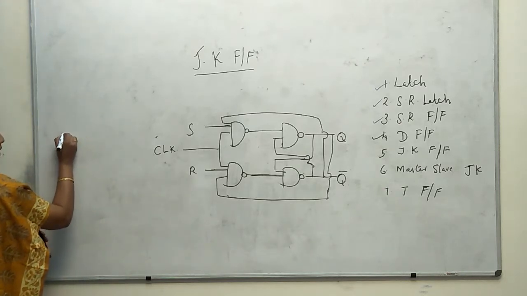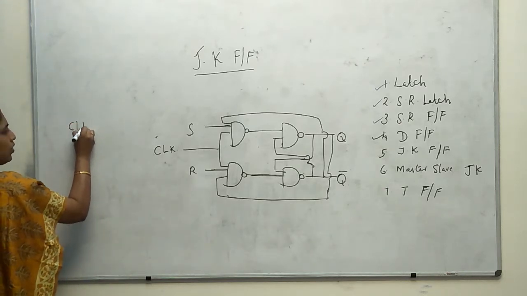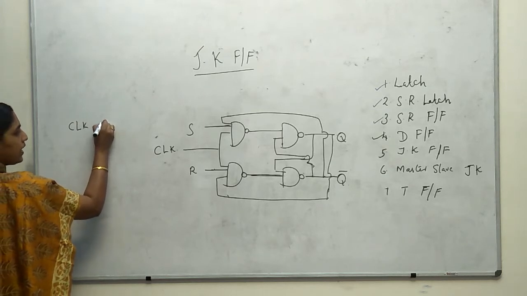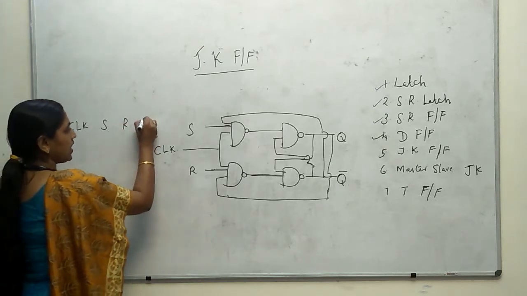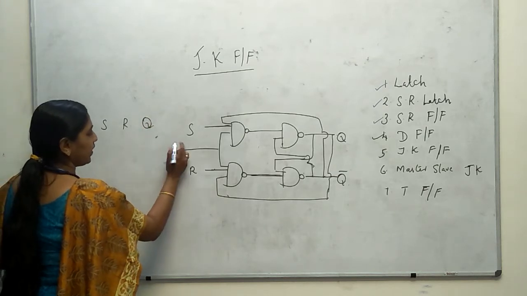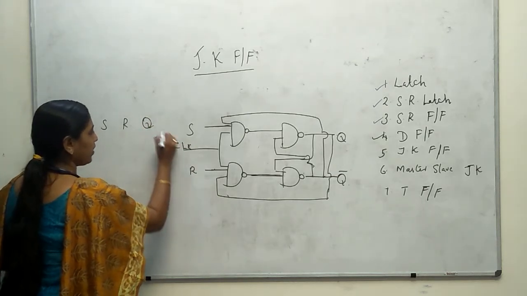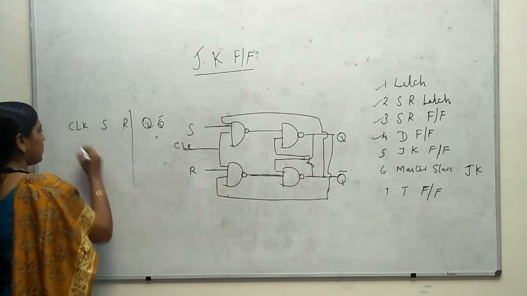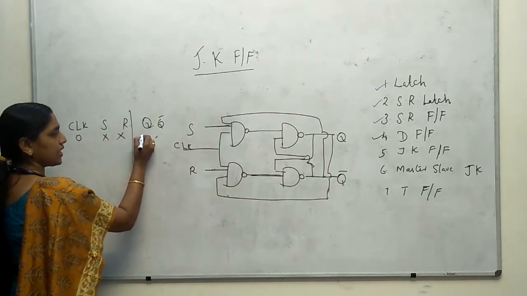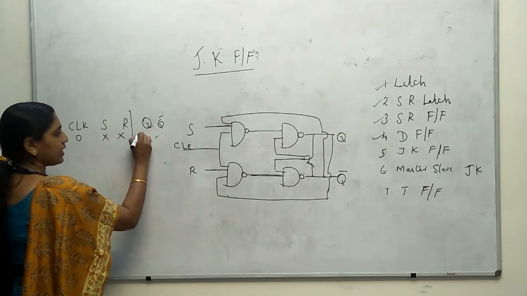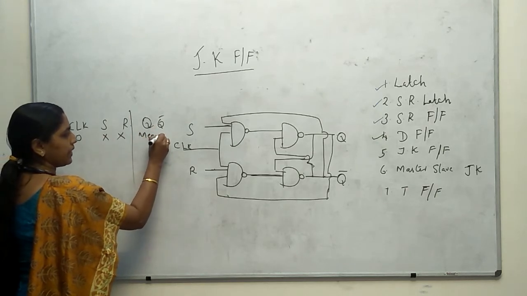In the previous case, we know the cases for clock and S, R, and the outputs Q and Q bar. When clock is equal to 0, whatever the value of S and R, the output will remain; it is a memory state.